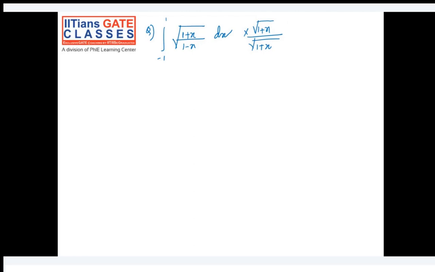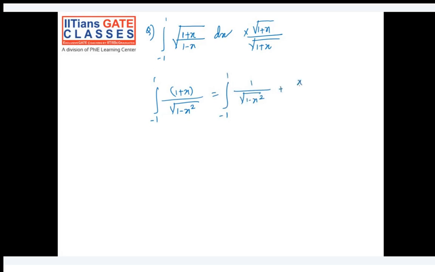Integration -1 to 1. In the numerator you'll get 1 plus x. In the denominator you'll get 1 minus x square, because a plus b times a minus b is a square minus b square, in root. So 1 plus x divided by under root of 1 minus x square you will get. And you can now split this integral into two parts: 1 divided by under root of 1 minus x square plus x divided by under root of 1 minus x square.